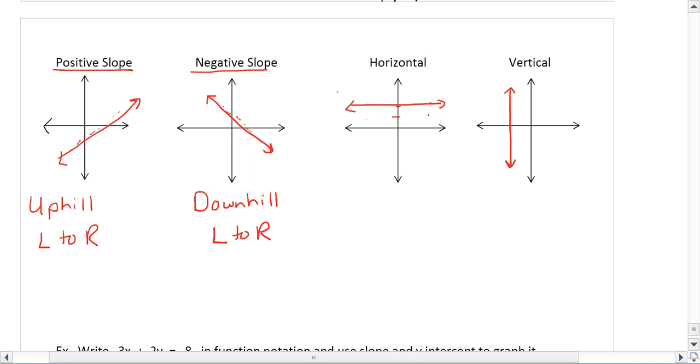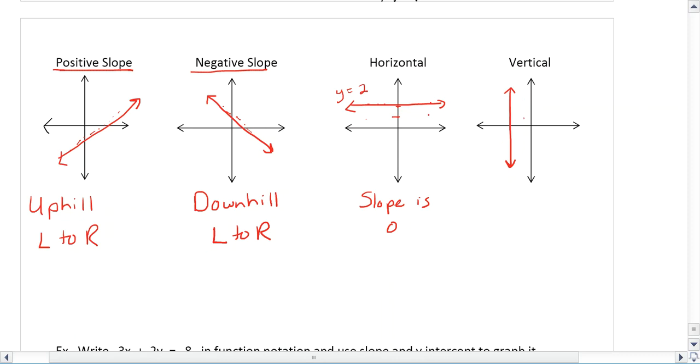So this particular horizontal line I drew here is y equals 2. And if we picture ourselves walking along this, it's like walking on flat prairie. This slope is 0. Because the rise, it's not going up at all. The rise is 0, the run is infinity, and 0 over infinity is 0.